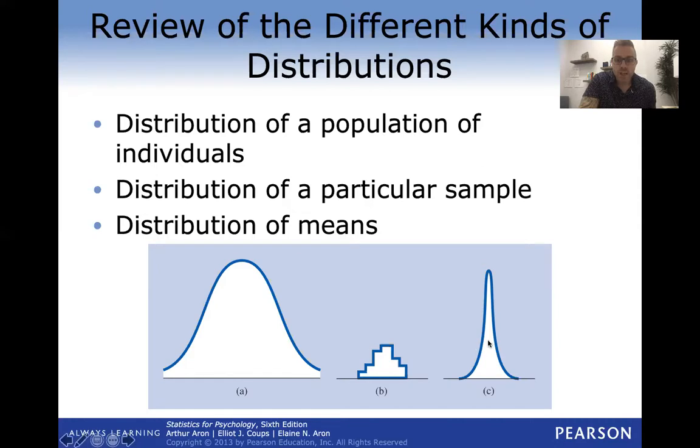If you compare A and C, letter C is still a curve, but you'll notice it's much skinnier. The reason is that when you have the distribution of means, because you are taking samples, it's averaging out all of the extreme scores. For example, say our class is stressed out, taking stats online, having to do a lot of homework. We have a couple of people with tens, but other people in the class have a 4 or a 3.